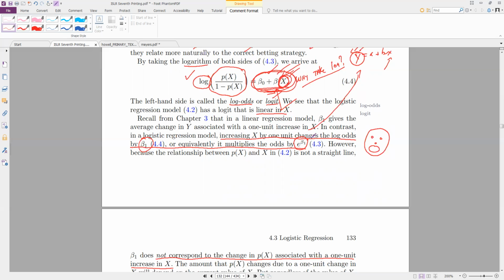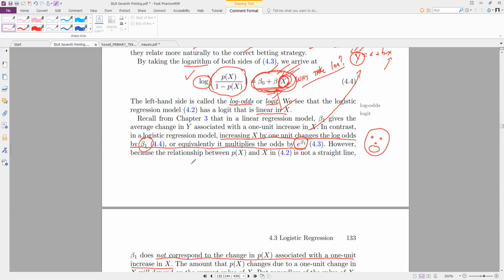Now, important here in terms of interpretation, be very careful that a 1 unit change in the log odds is not increasing the odds in the traditional sense of regression. It's not saying for a 1 unit increase in X, we increase the log odds by B1.